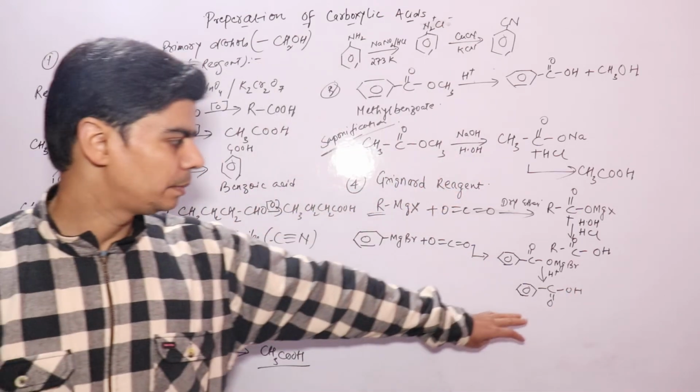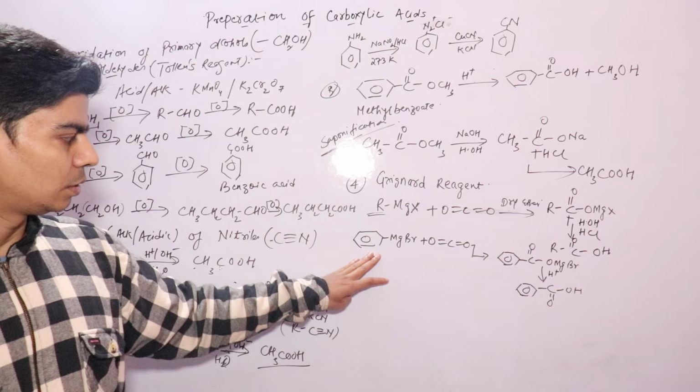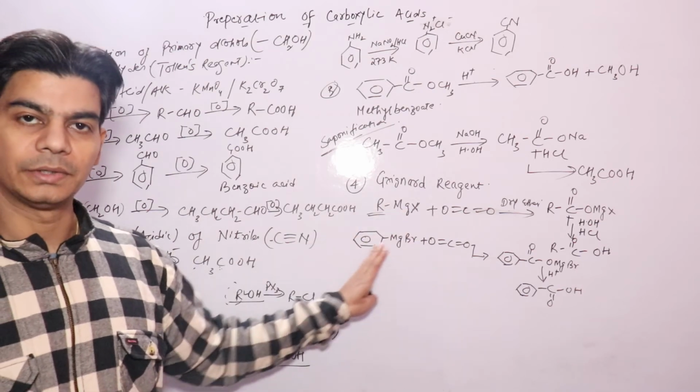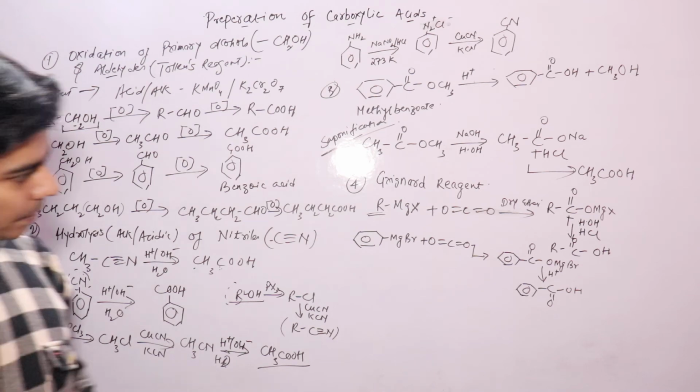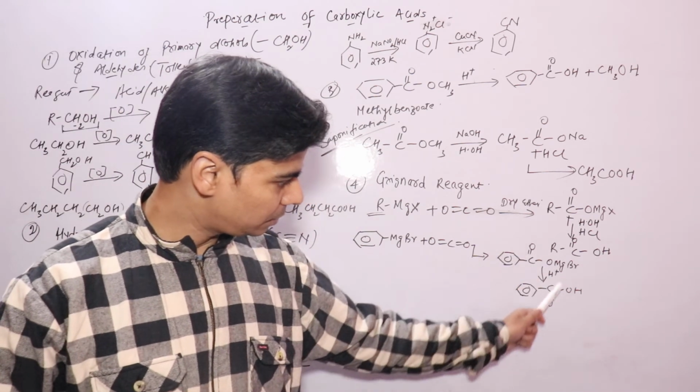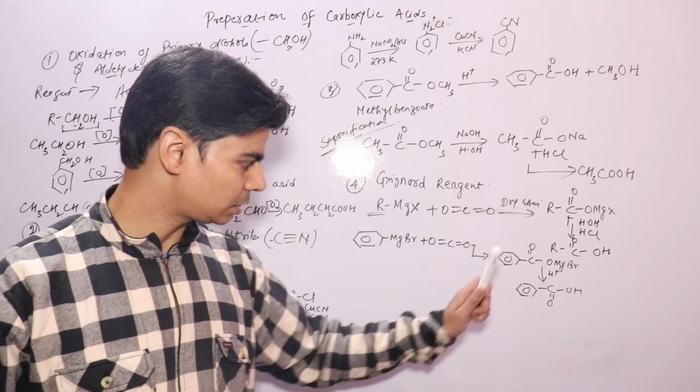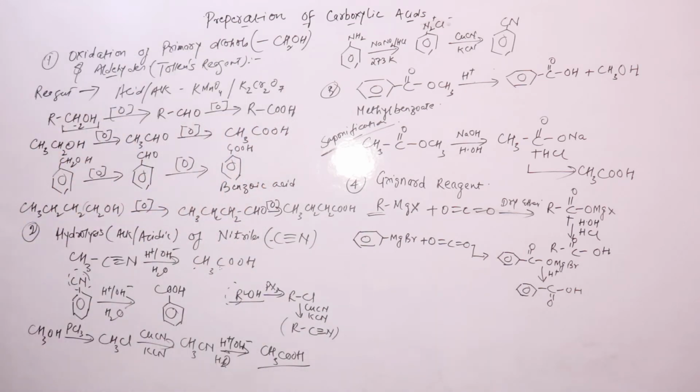So this is how you will prepare benzoic acid from your Grignard reagent. This is your phenyl magnesium bromide. Just remember this addition product, then hydrolysis of this addition product to form benzoic acid.